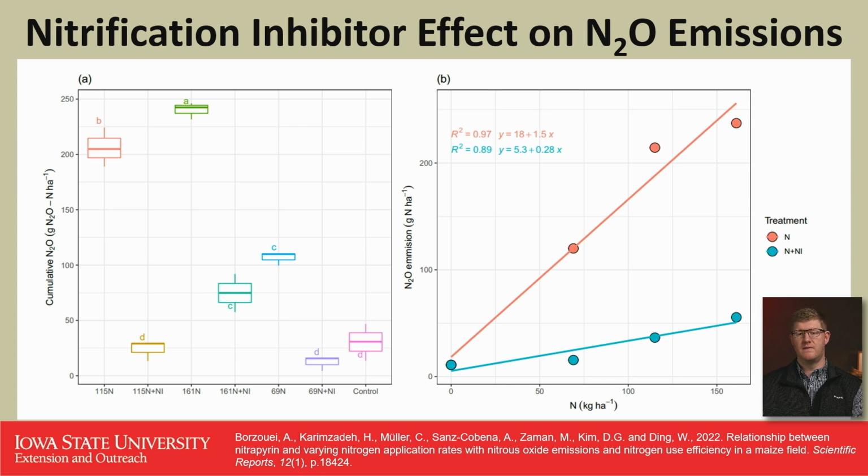So I really want you to focus on the figure on the right here, where we have the red line and the blue line. The red line is anhydrous application without Inserve, and the blue line is anhydrous application with Inserve. And then along the y-axis, as you move up, that's greater emissions, and on the bottom, as you move to the right, it's a higher nitrogen application rate.